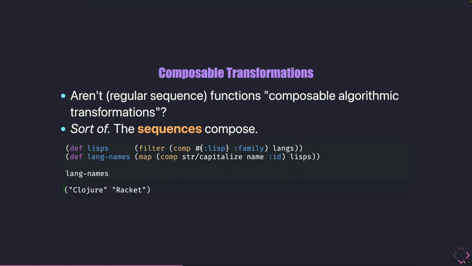So I've talked about the composition of transducers, but when I describe those as composable algorithmic transformations, or when the official docs do, you may wonder, well, aren't regular functions composable algorithmic transformations? And they sort of are, right? But if you look at the shape of that process, in this example, we're going to take some input, filter it, and then give it a name, right?